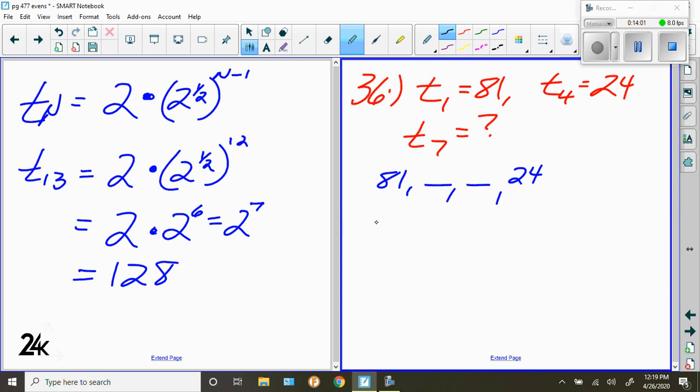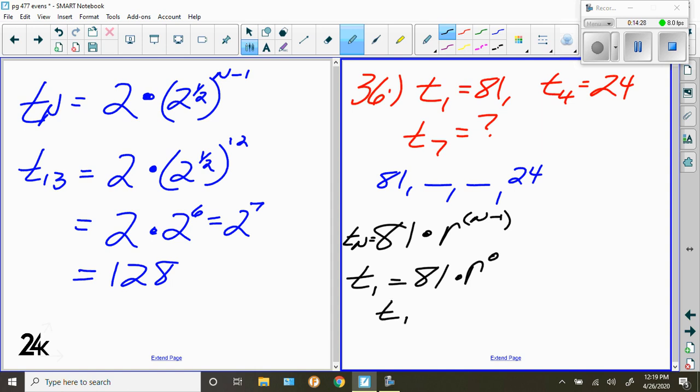With geometric, it's the first term times r, which we don't know, to the n minus 1. That's the nth term. But if we're doing the first term, it'd be 81 times r to the 0.